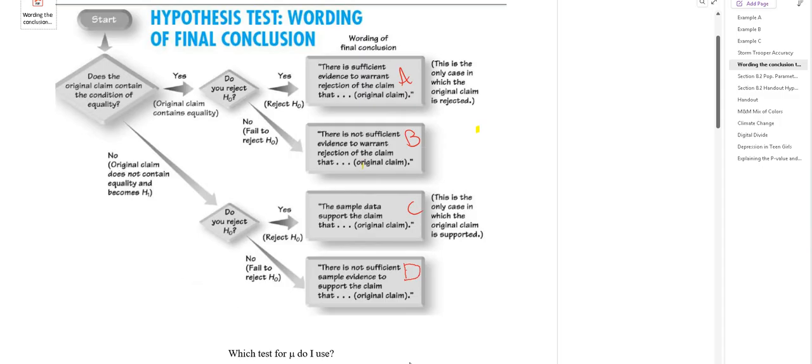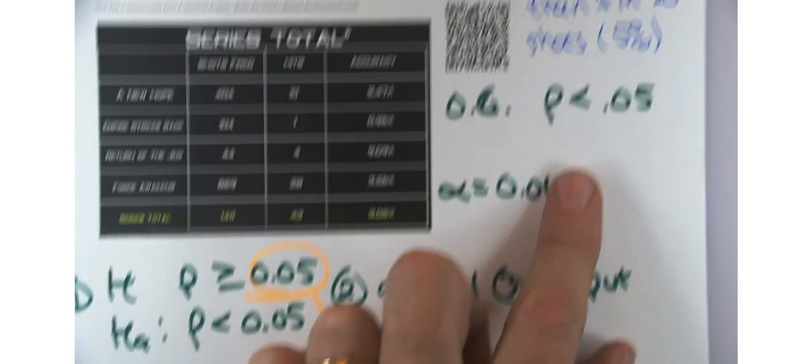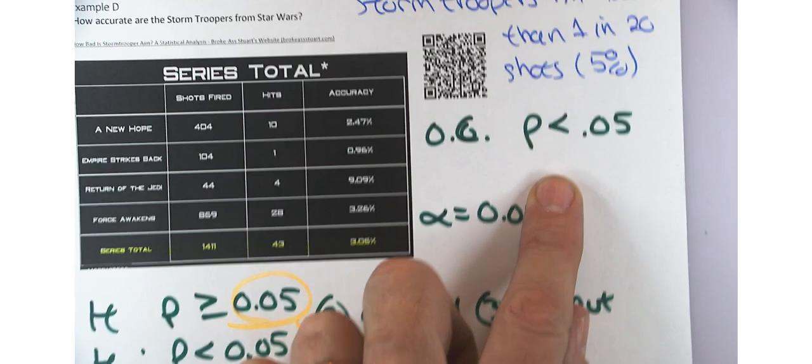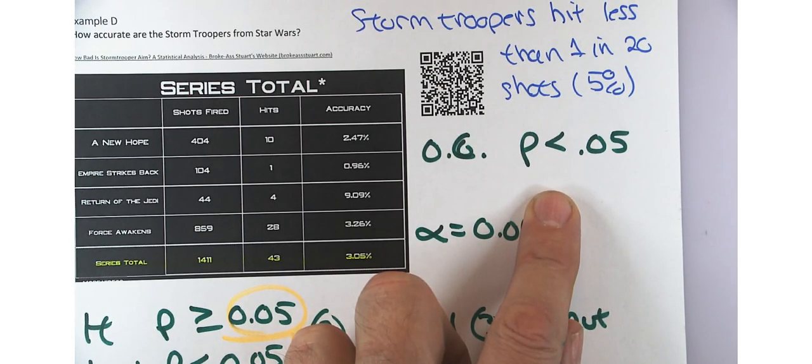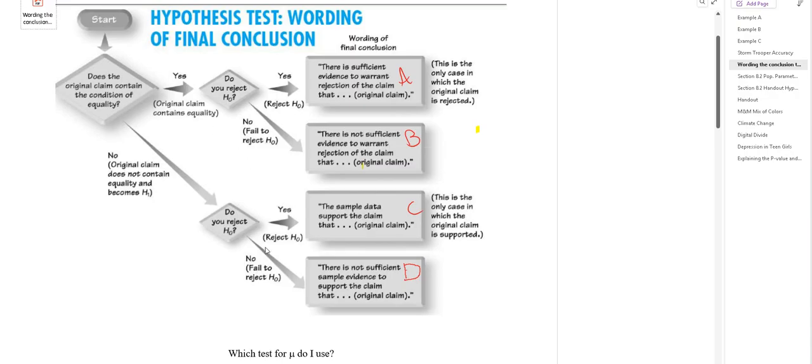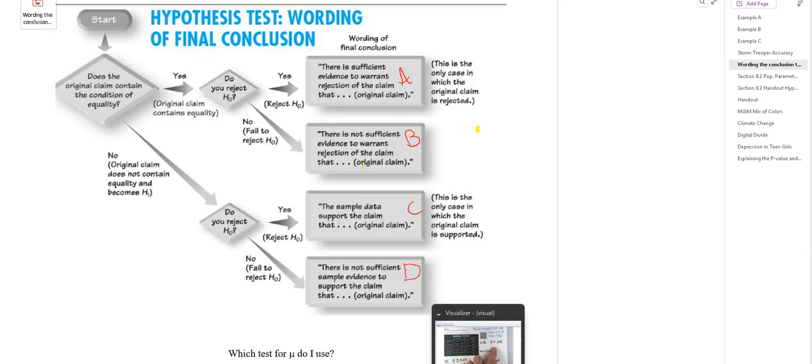That was our original claim, less than 5%. Doesn't contain the condition of equality, so we'll branch down. Did we reject H naught? Yes. So we're going to go to the right. The sample data support the claim that. So we'll start out that way.